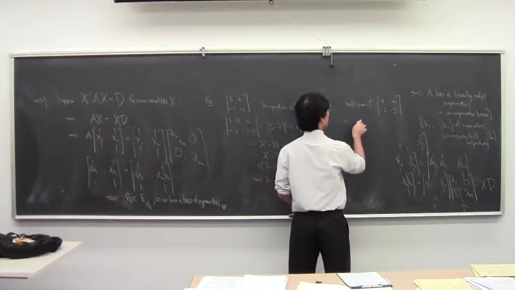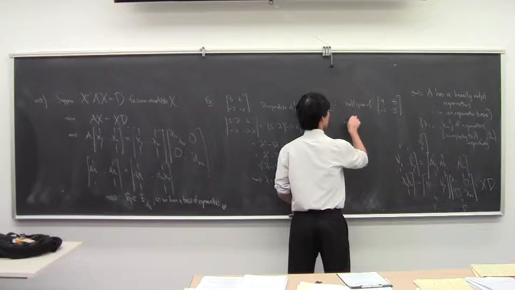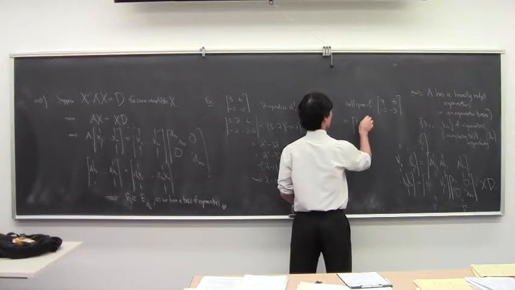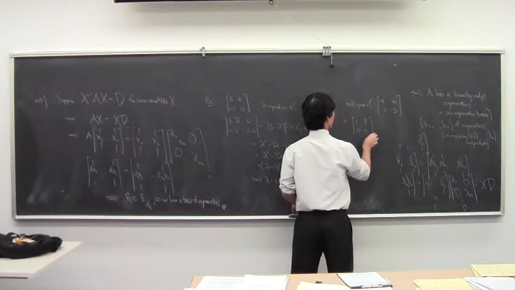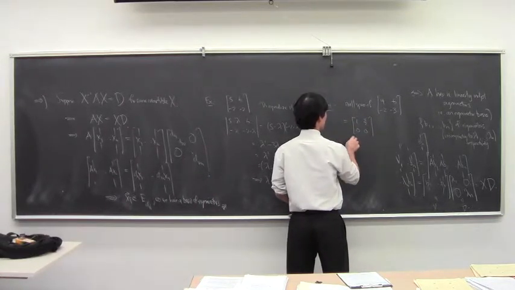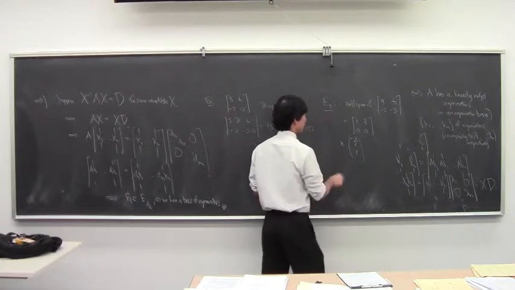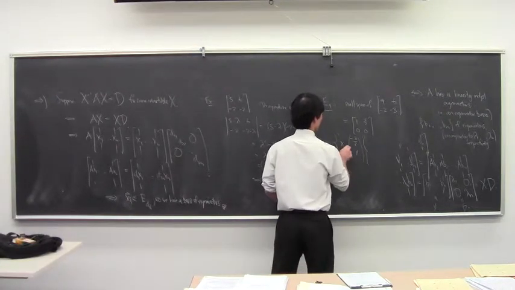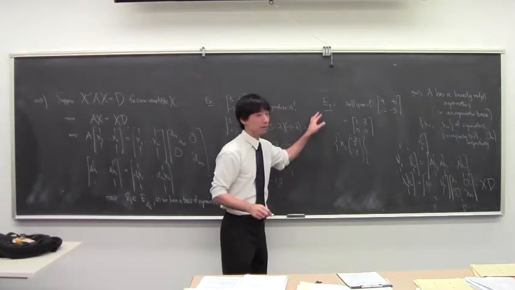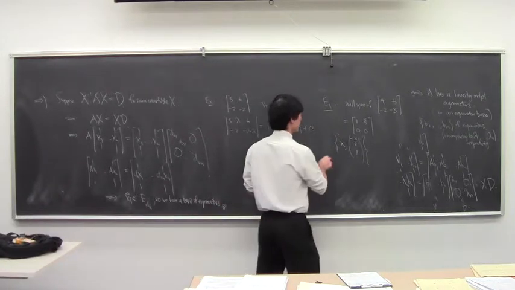So you get 1, 3/2. In other words, x1 is going to be -3/2 of x2. So this is E1.